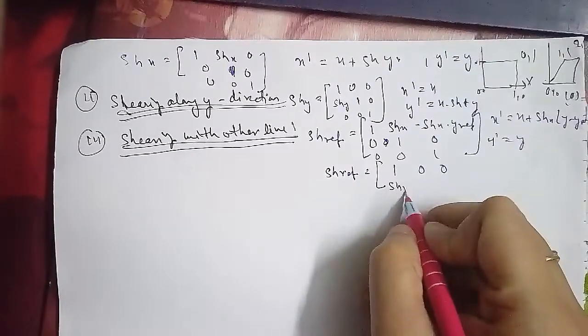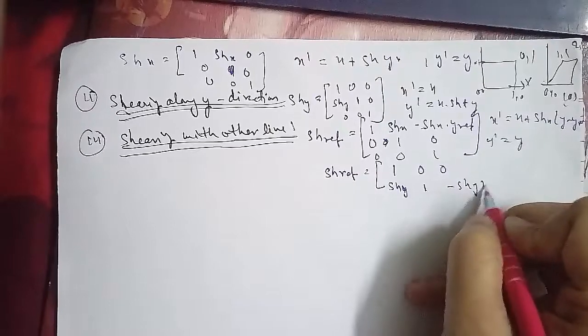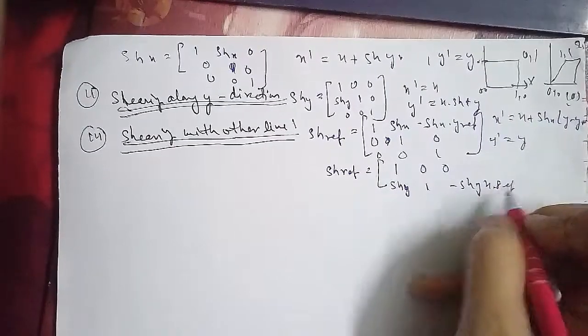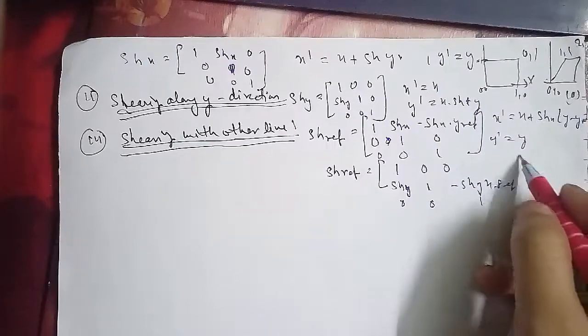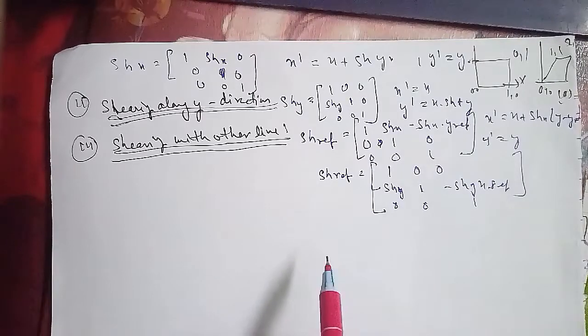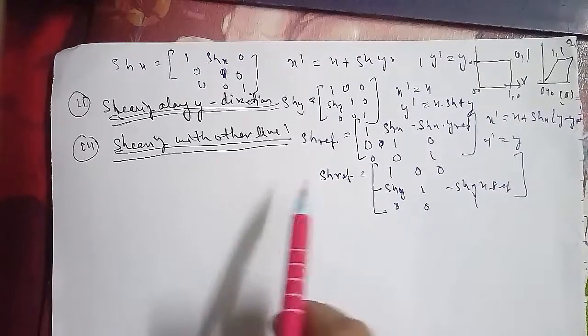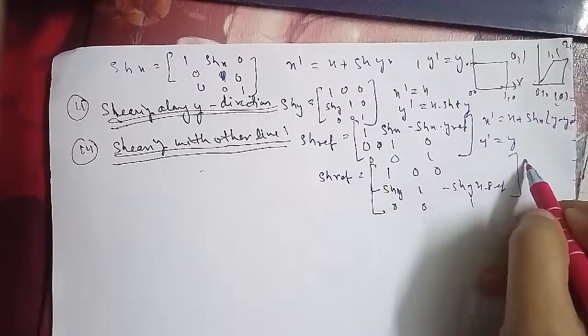Now we'll go ahead and discuss another question, and that is: prove that the simultaneous shearing in both x and y direction is not equal to the composition of a pure shear along the x-axis followed by a pure shear along the y-axis. That is what we have to see and prove here.